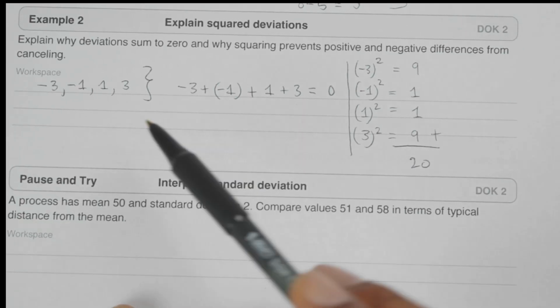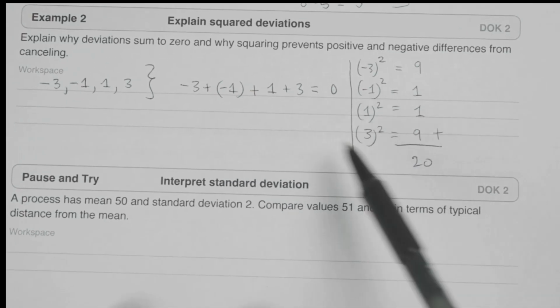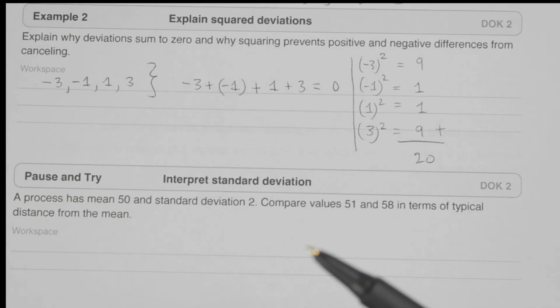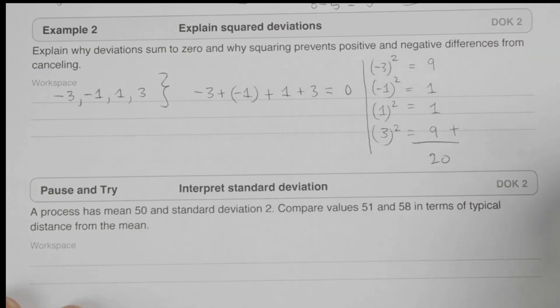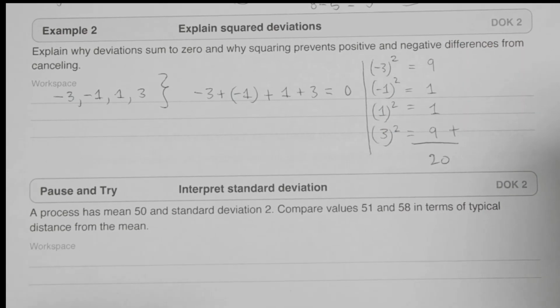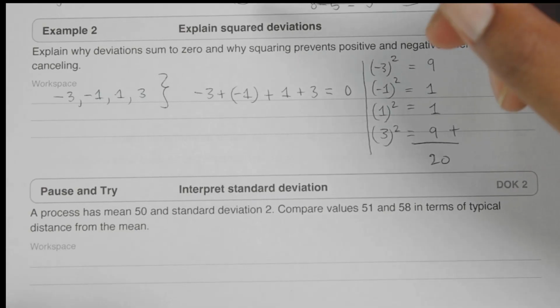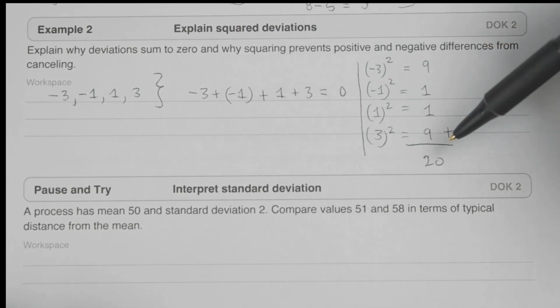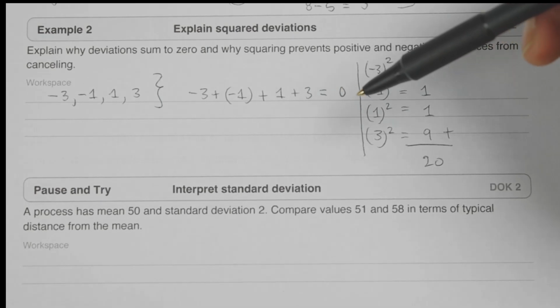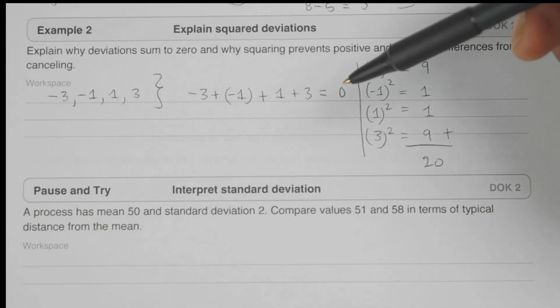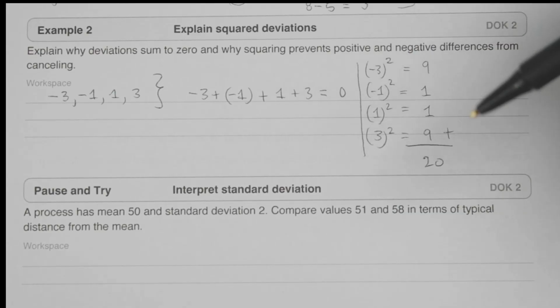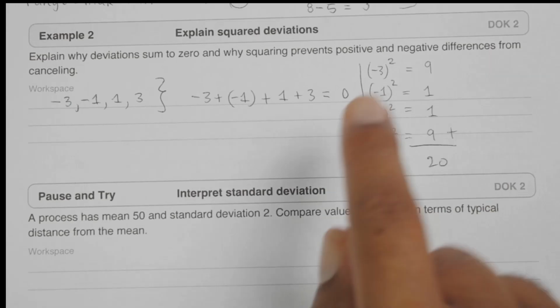Squaring prevents us from ending up with 0, so the squared differences no longer cancel. That's why something like variance matters. You always want to square the deviations to avoid them canceling out.